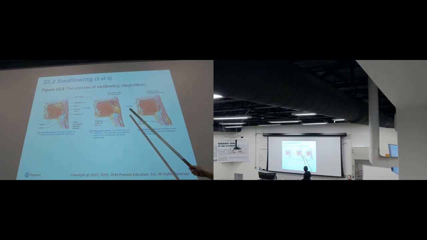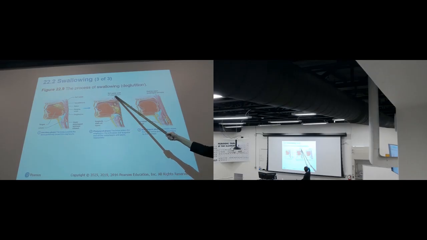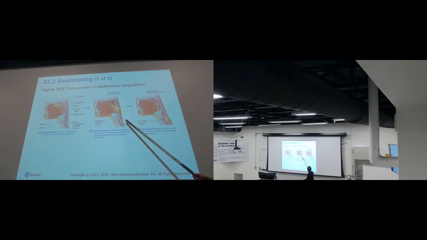And then in the next phase, the soft palate and the uvula go up, preventing the food from coming into the nasopharynx. So it seals off the nasopharynx, and then the epiglottis is going to go up and close over the larynx so that the food in the pharyngeal phase passes here into the esophagus and it won't go back into the oral cavity.